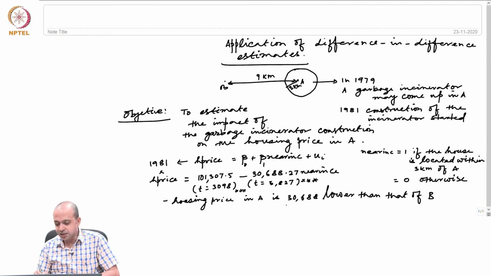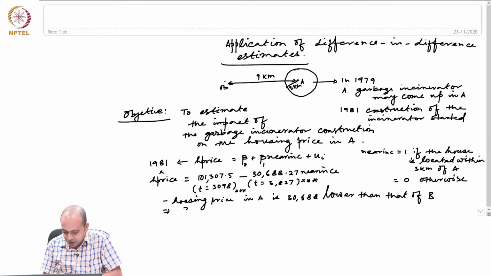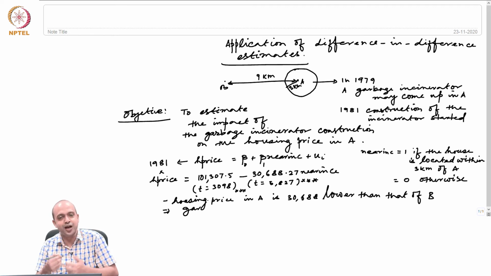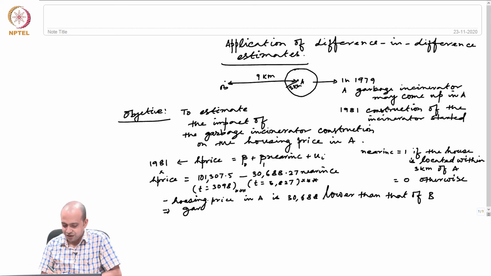Housing price in A is 30,000 lower than that of B, that is correct, and that implies garbage incinerator results in lower housing price. That means this lower housing price in A is due to the garbage incinerator.